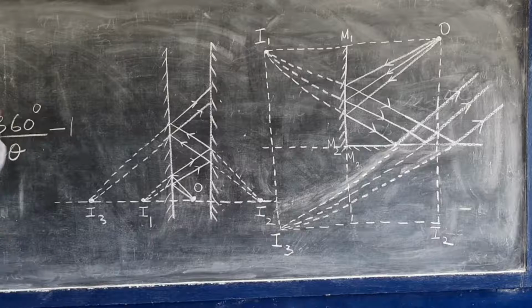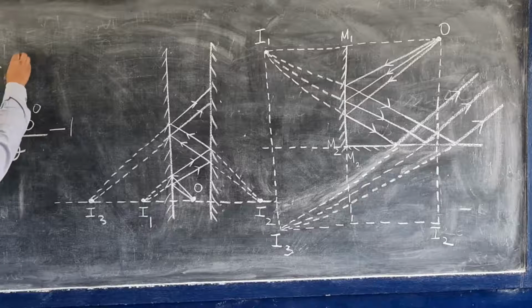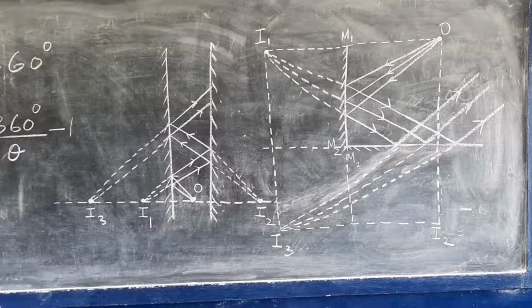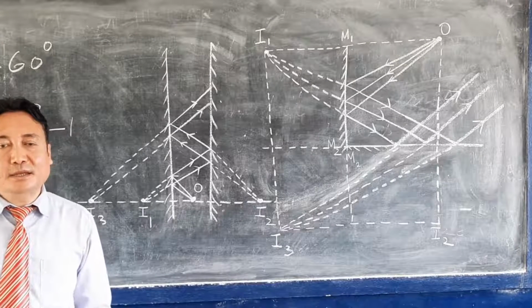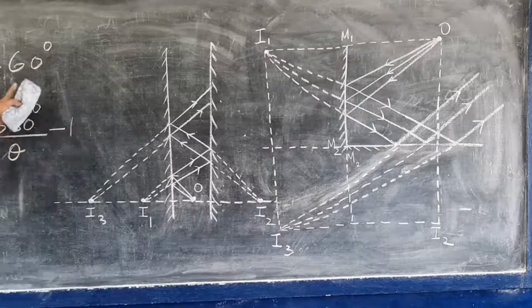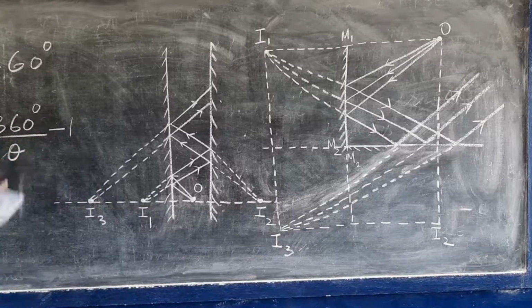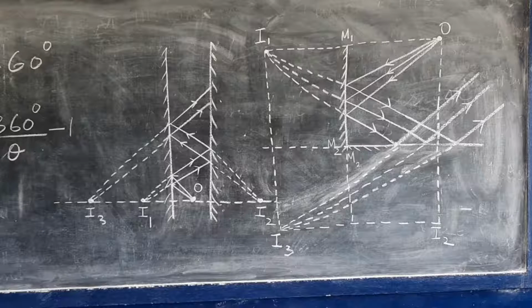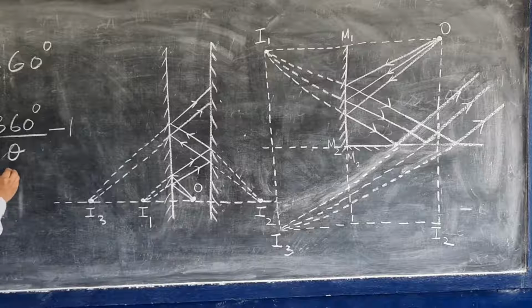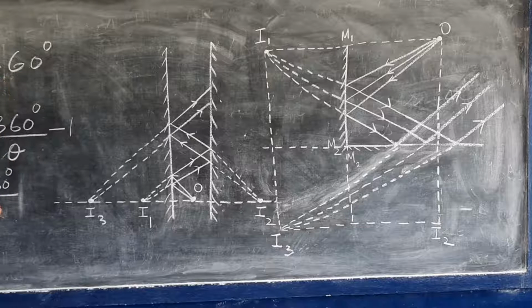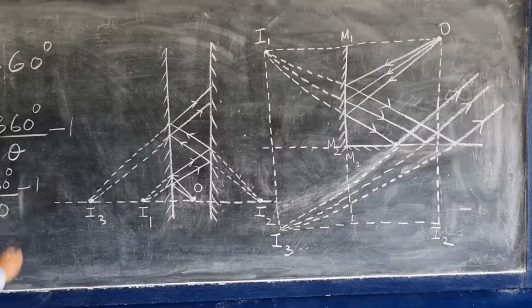So let us consider first theta, that is the angle, equals 60 degrees. Let us consider the two mirrors are kept inclined with each other at an angle of 60 degrees. Now what will you use? You will use this relation. So you write here 360 upon theta minus 1, that is 360 degrees upon the angle. Theta is given as 60 degrees here, 60, minus 1.